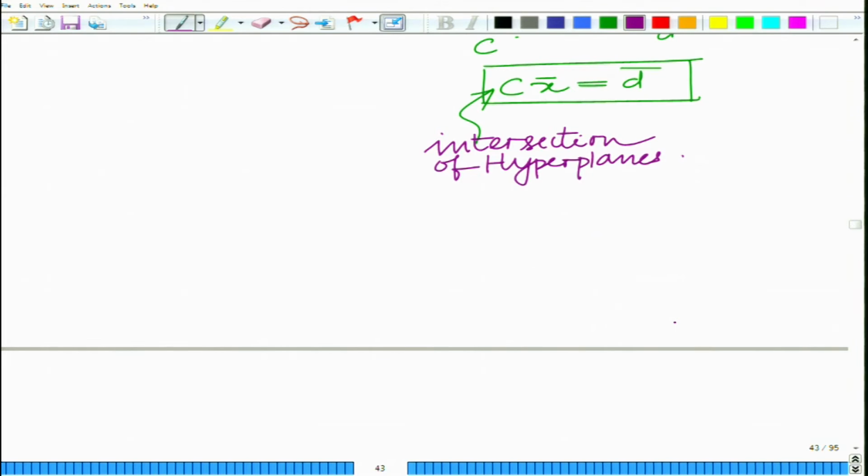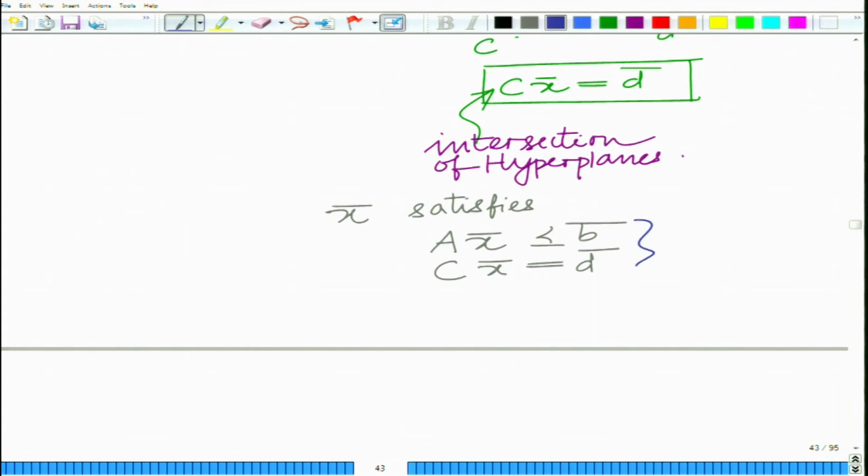And now if you put them together, you have an intersection of hyperplanes and half spaces, that is, the vector x bar that satisfies A x bar component wise less than or equal to B bar, C x bar equals D bar.